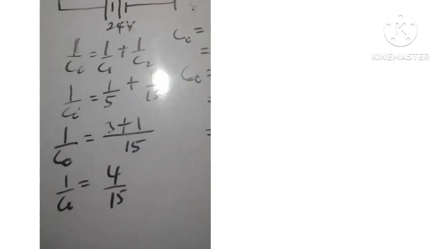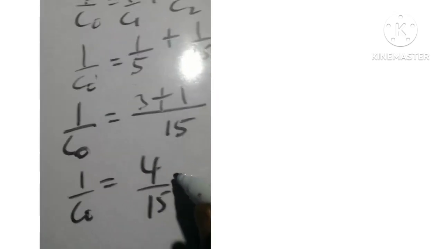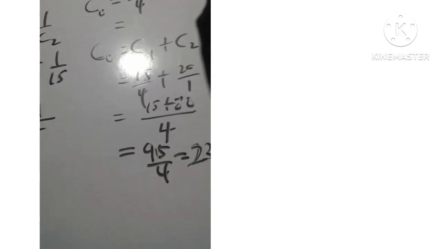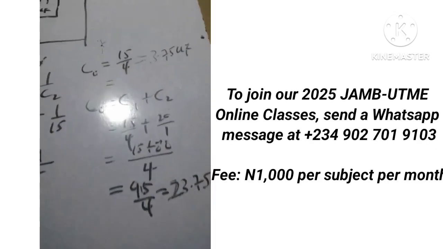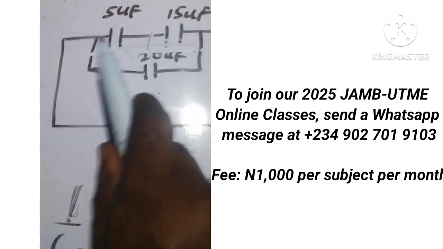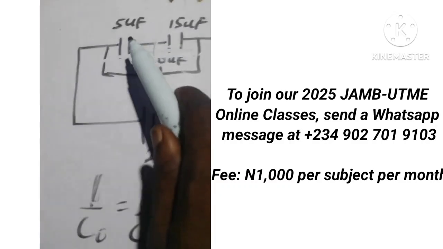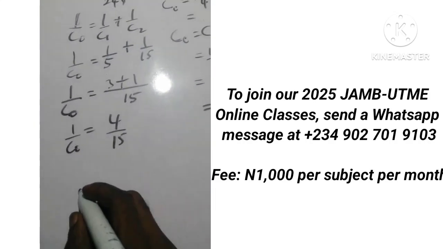So at this point, for me to get the charge, I'll be using the series connection, which is the 15 over 4, which is the 3.75 microfarad. Don't forget that, the series connection total for this, because the 5 is in series connection. Now, all you have to do is get the charge.